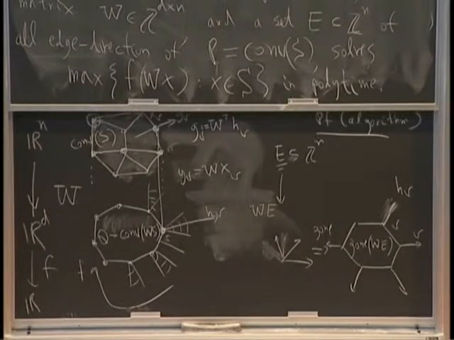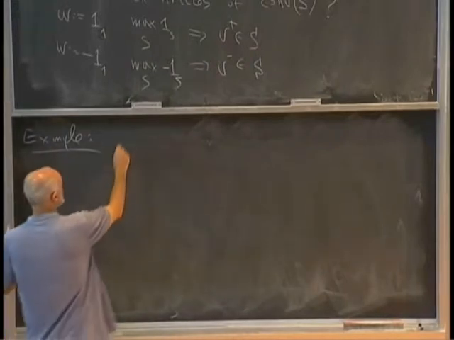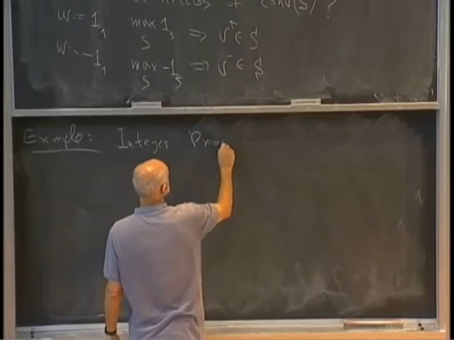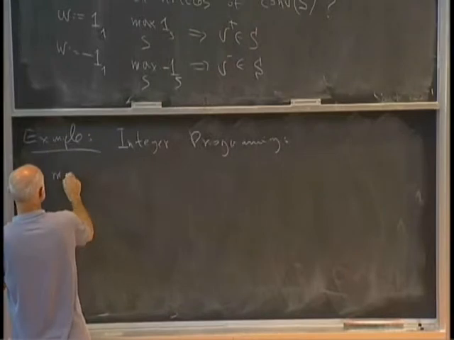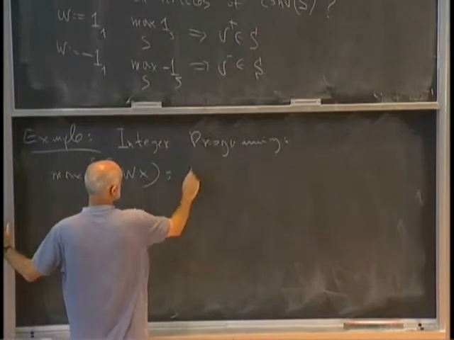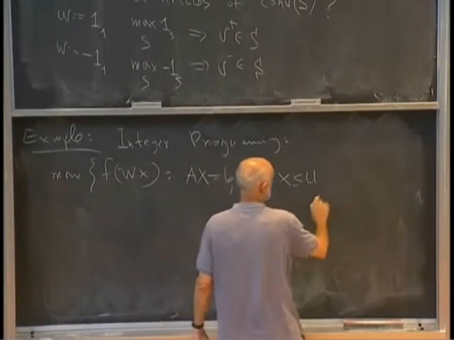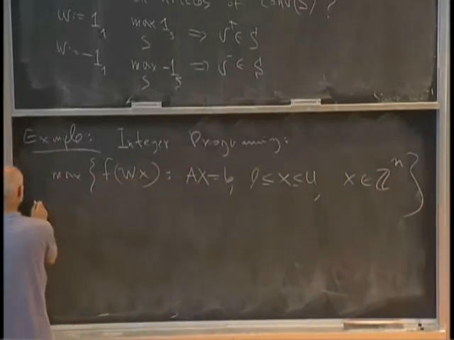So here's one example, which we actually have been dealing with for about 4 lectures before, integer programming. So we want to maximize, in this setup, f of Wx subject to Ax equals b, as usual, and suppose we are given the Graver basis.